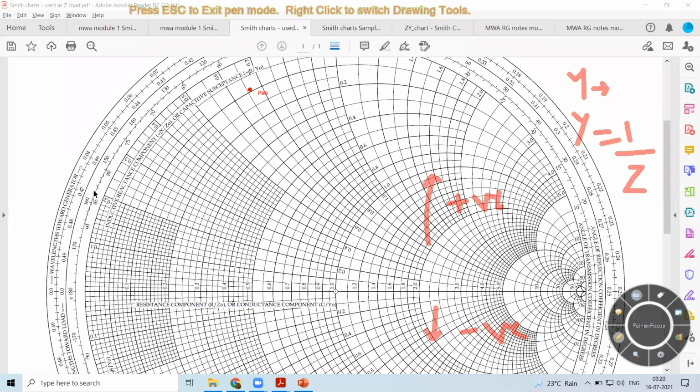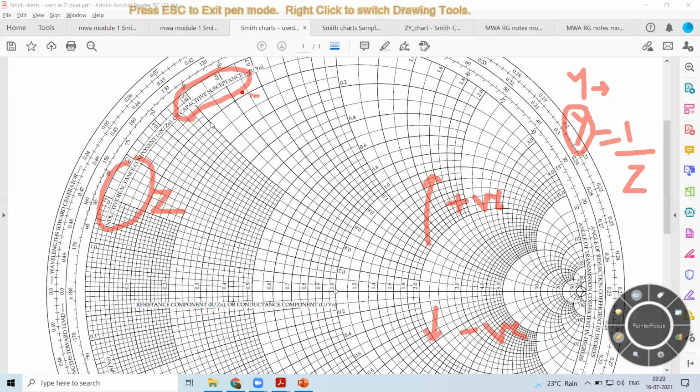When we made use of the impedance chart, this part was represented as inductive reactance. But when we make use of the admittance chart, this part becomes the capacitive reactance part, or capacitive susceptance part.